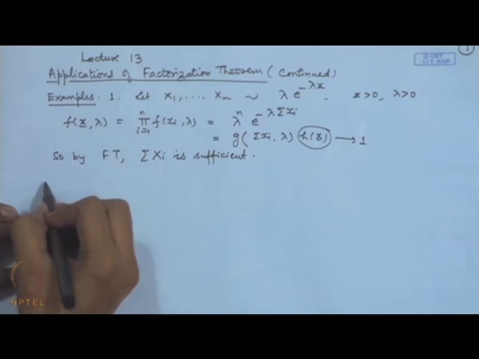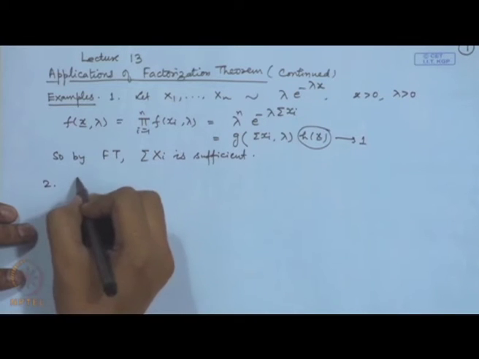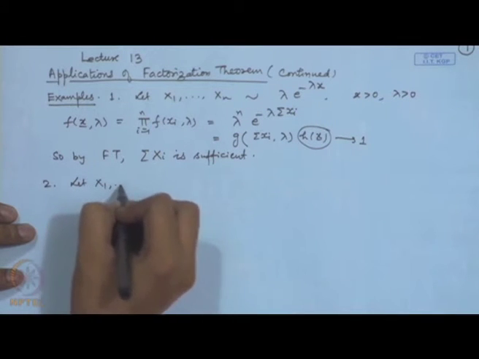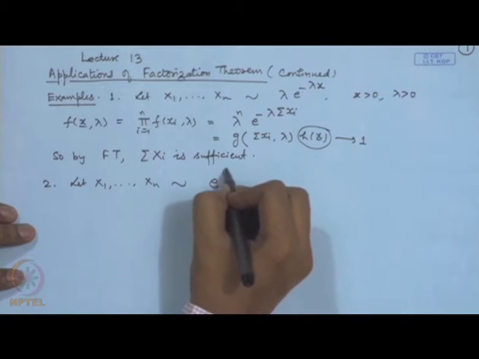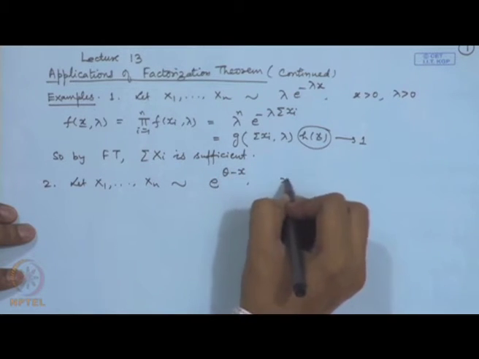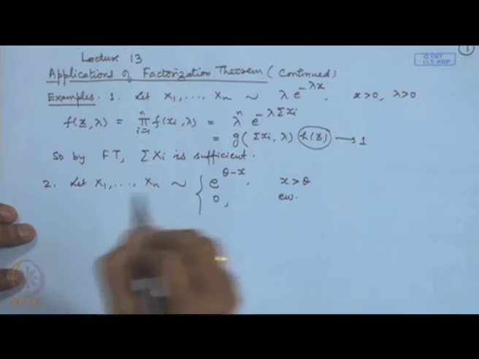Let us consider another exponential model in which, in place of a scale parameter, we will have a location parameter. So, let us consider x 1, x 2, x n following the density e to the power theta minus x, where x is greater than theta, and 0 elsewhere.